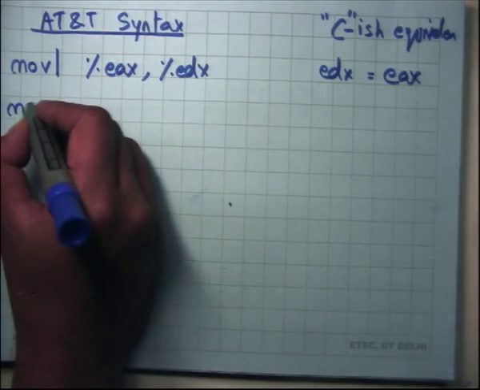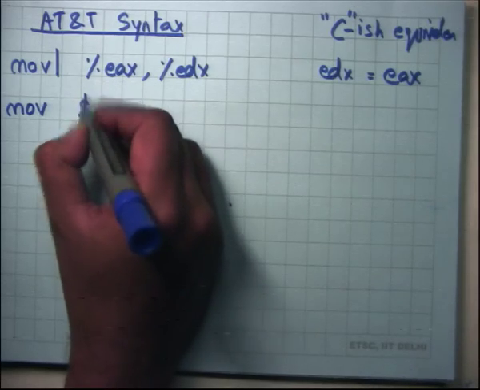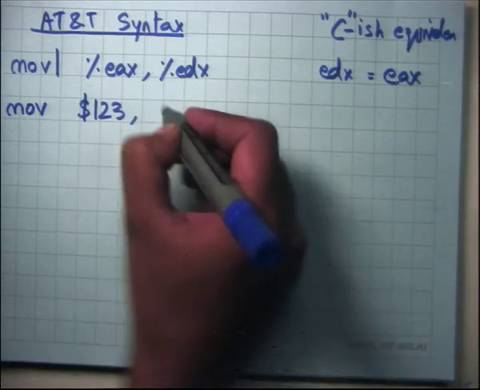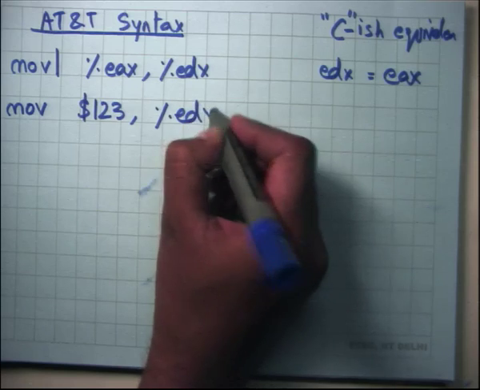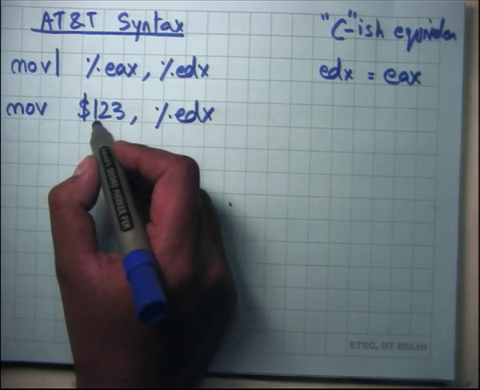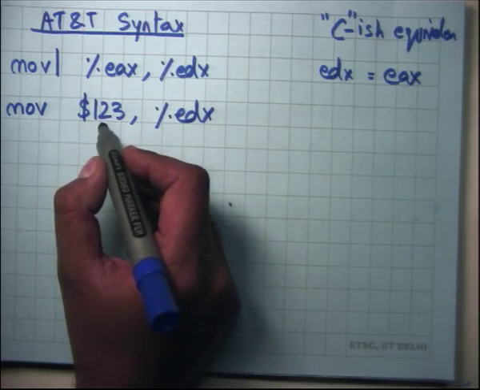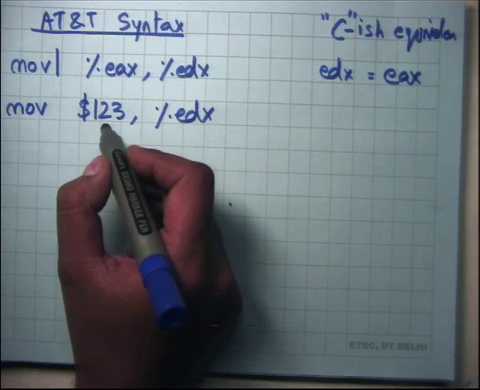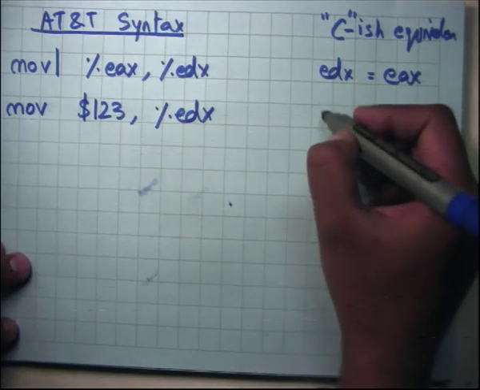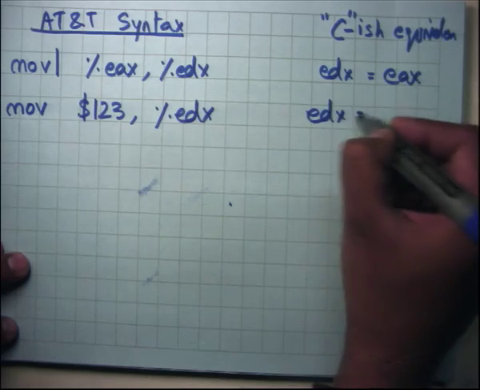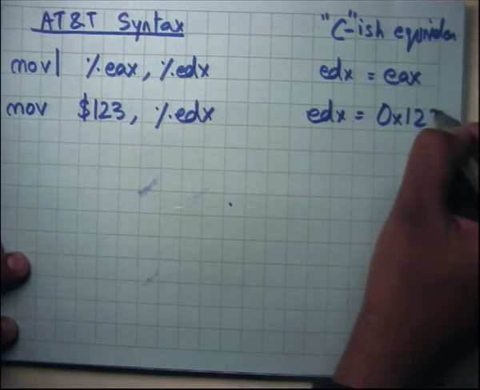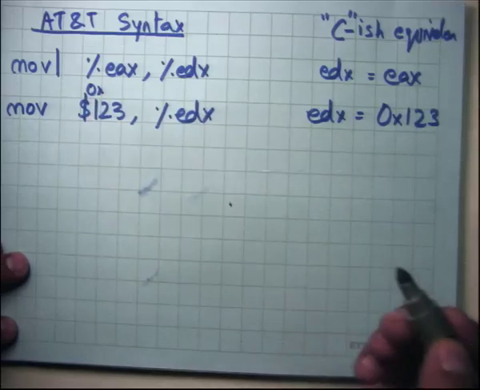I could say move $123 to EDX. $123 means it's a constant, an immediate value, right? It's an immediate operand. You must have seen immediate operands in your computer architecture class, and this basically means EDX is equal to 0x123. Let's just say it was a hexadecimal number 123.